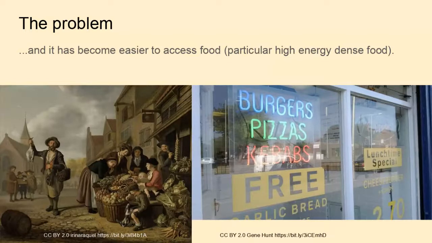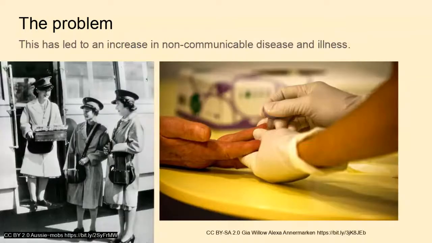By that I mean food that's generally quite high in fats and sugar, which humans have generally found quite scarce in the past. So we're faced with a situation now where this has led to problems in terms of people's health. Research in this area actually started in the 1950s, and one of the seminal studies was by a researcher called Morris and colleagues, who looked at the impact of bus conductors' and bus drivers' jobs on cardiac outcomes.